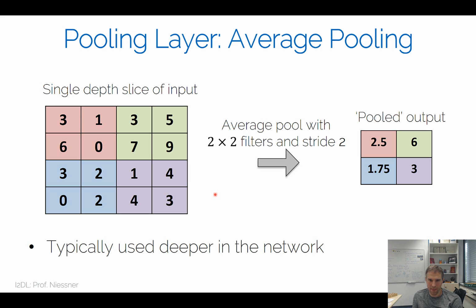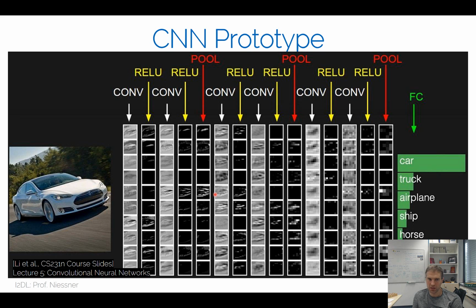So that's pooling. I think that should be very straightforward. We can add pooling to our neural network prototype. I mentioned this already: in larger or deeper architectures, people continue to stack these things together. So people, for instance, can have stuff like this: a conv layer, a relu, conv, relu, pool, conv, relu, pool, conv, relu, pool.